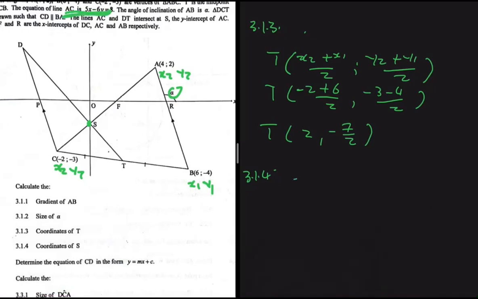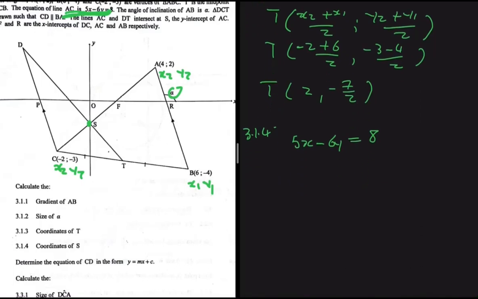They're saying that equation we have 5x minus 6y being equal to 8, right? So, let's look at S. You can see that the x coordinate of S then is going to be 0, right? So we can just substitute that. If we substitute that, we're going to get 5 times 0 minus 6y is equal to 8.